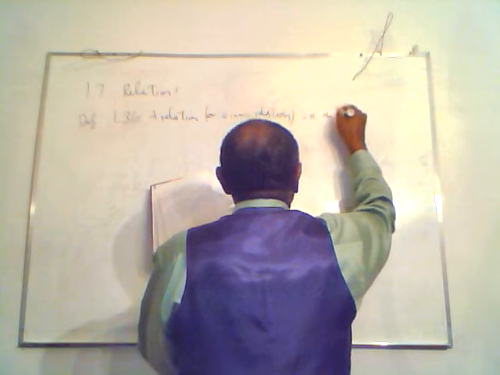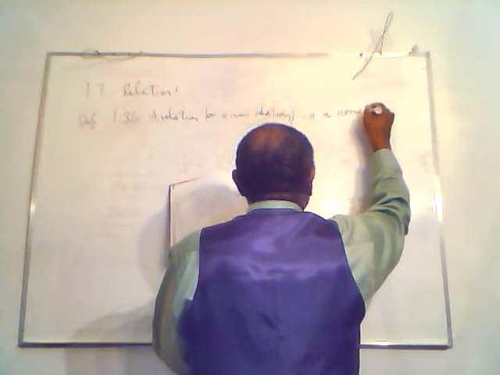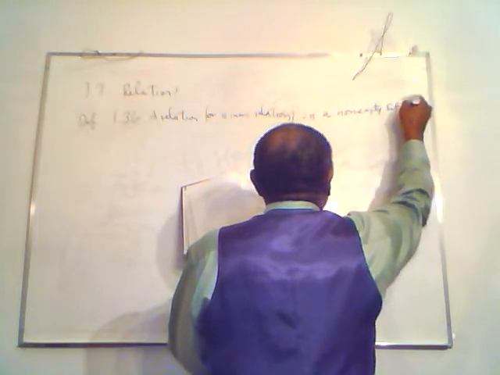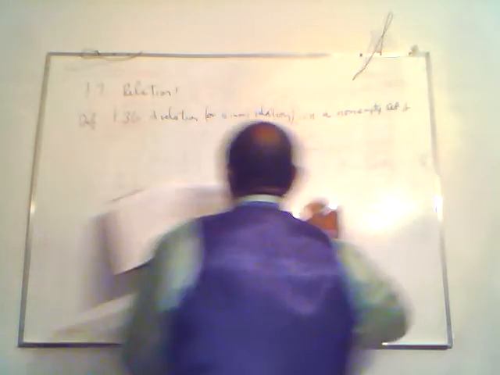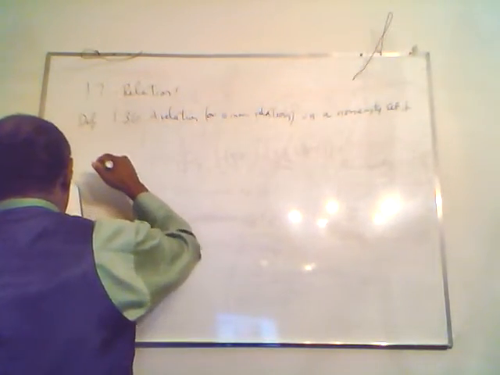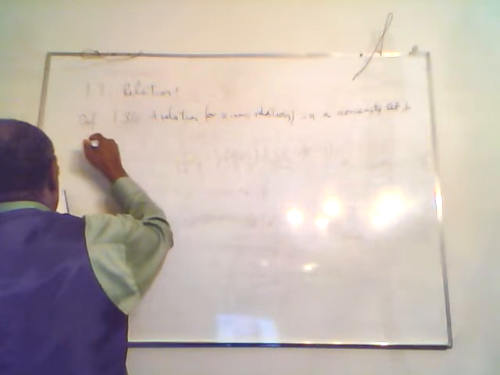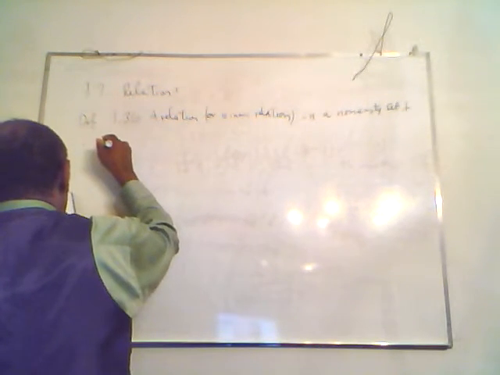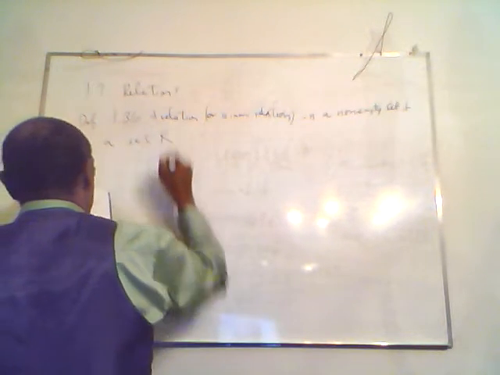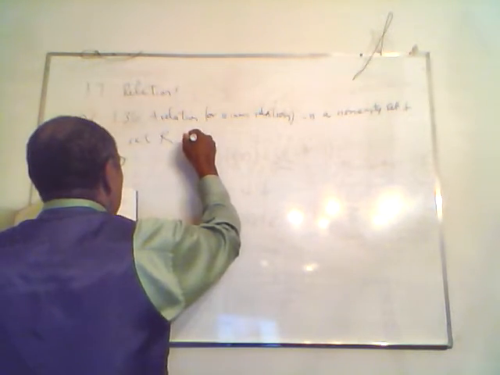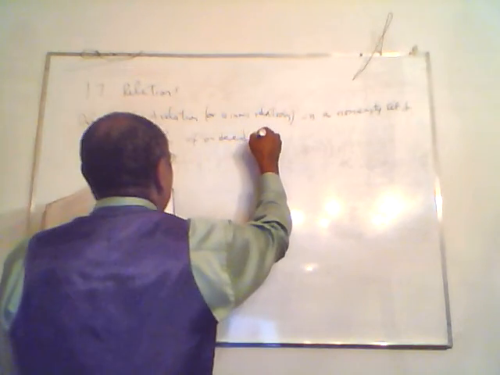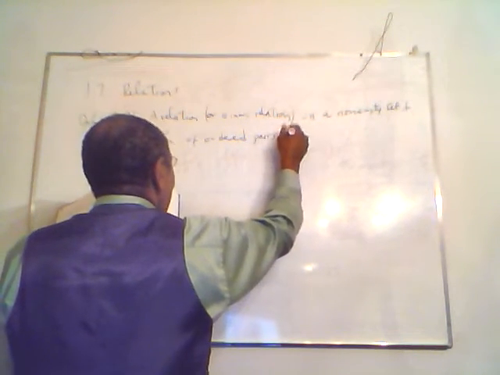It's a relation on a non-empty set A. And that relation is a set that we call R of ordered pairs x, y.